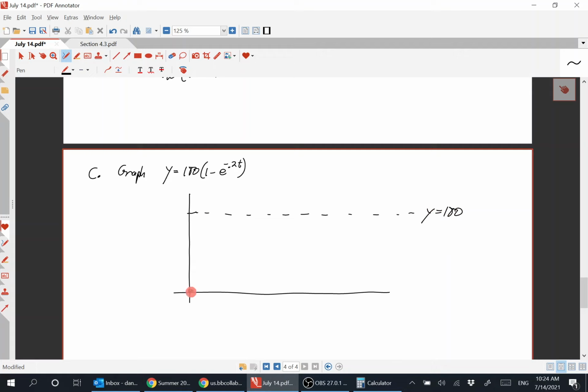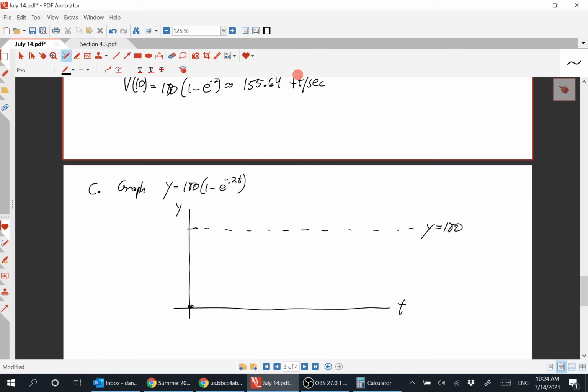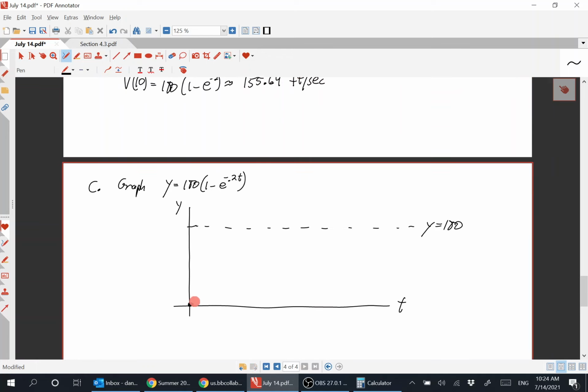And then it starts at 0. Right? This is the t-axis, and this is the y-axis. And then at t equal to 0, as we found up here, the initial velocity is 0. And then it grows: 113, 155, and so on. So at 5 seconds, 113, at 10 seconds, 155.